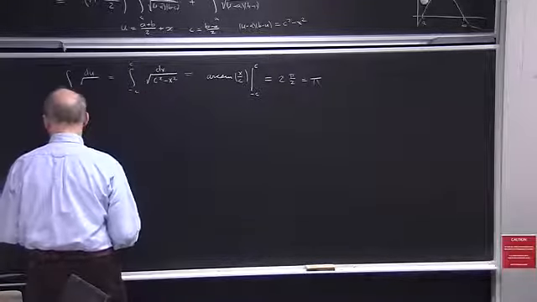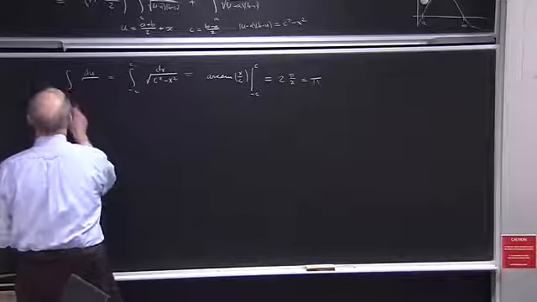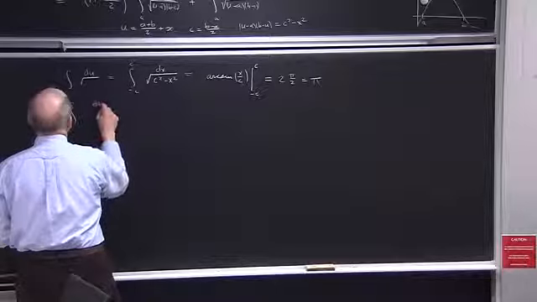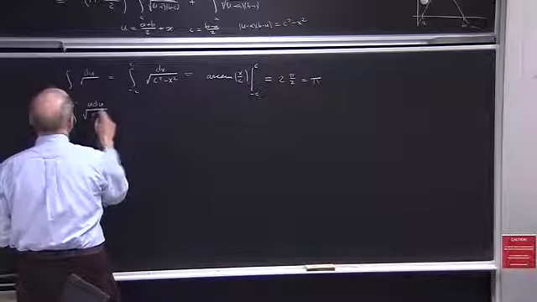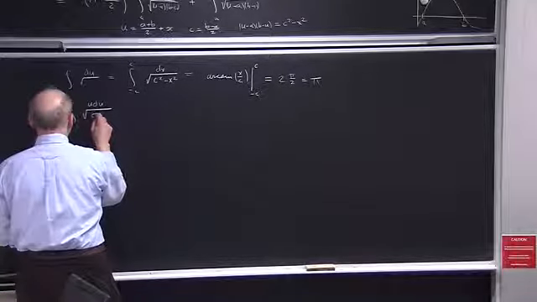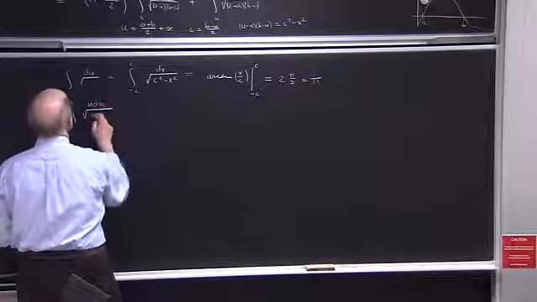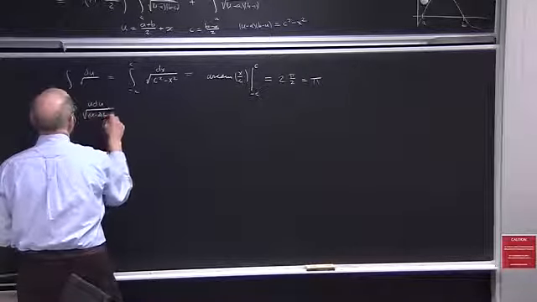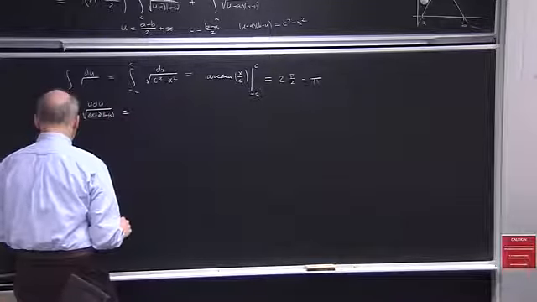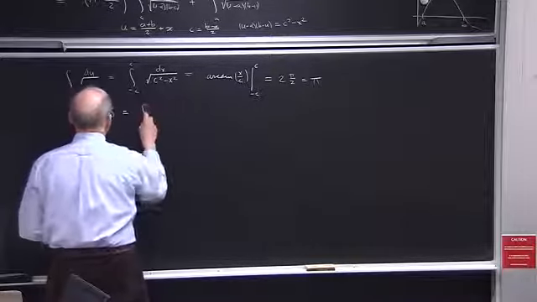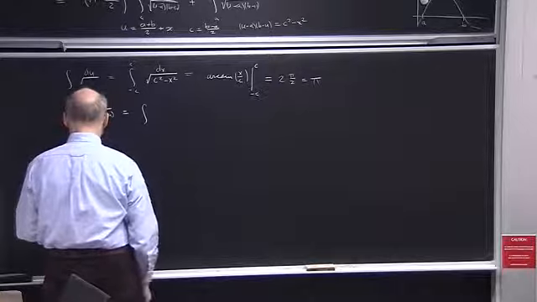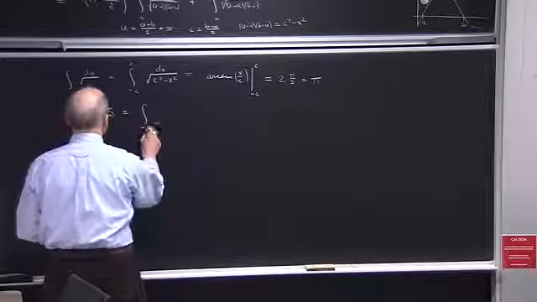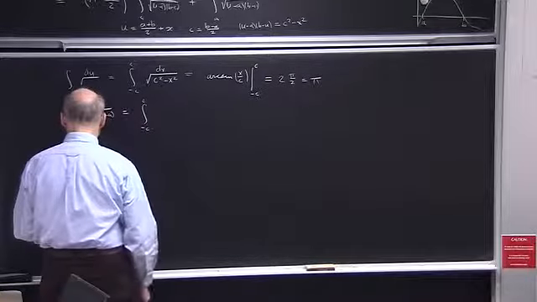The other integral that we need is the integral of u du over the square root of (u minus a) times (b minus u). Again, making the same substitution, it becomes the integral from minus c to c.